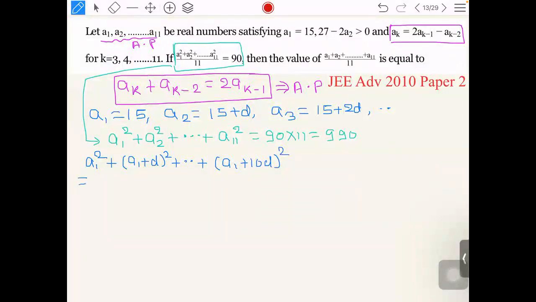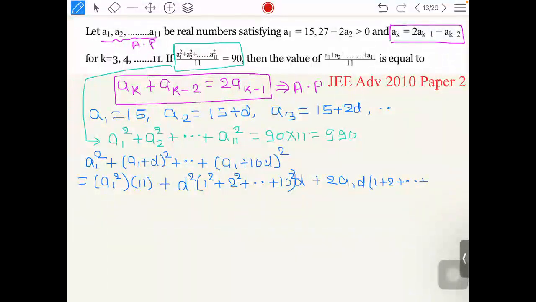This is equal to a1 square, 11 times, plus d square times (1 square plus 2 square plus dot dot dot up to 10 square), and then if we take 2a1d common, we get 1 plus 2 up to 10. This whole value is given to us as 990.